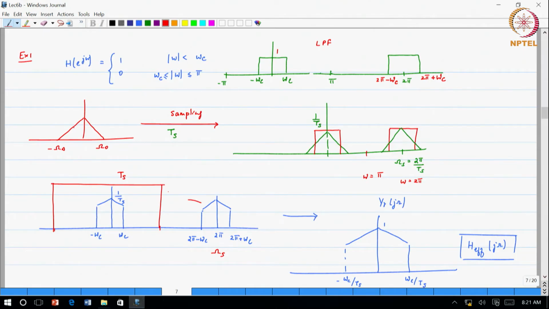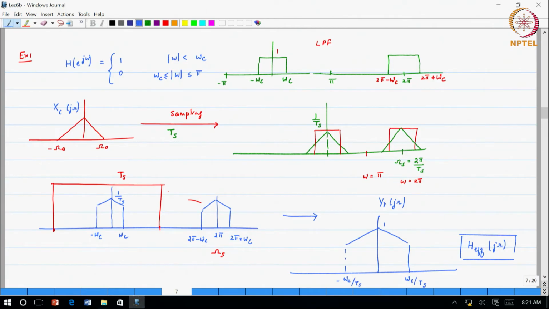So, if I have a continuous time signal x c of t, this would be X c of j omega, and this is a band limited signal. I am assuming I have chosen a suitable sampling period that will avoid aliasing.